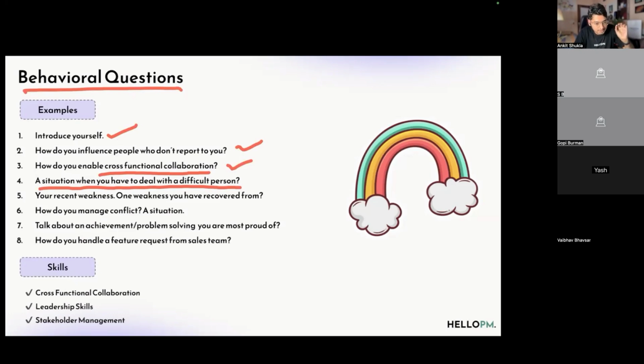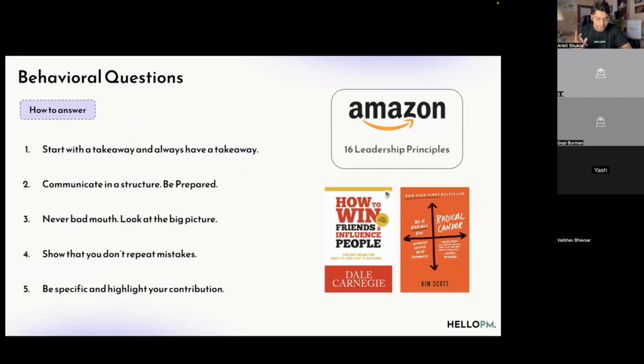Whenever someone asks you this question, they are looking to understand whether you have cross-functional collaboration skills, leadership skills, or whether you can do stakeholder management. Although I cannot tell you the exact answer, I can give you some best practices. First of all, make sure that you start with a takeaway.